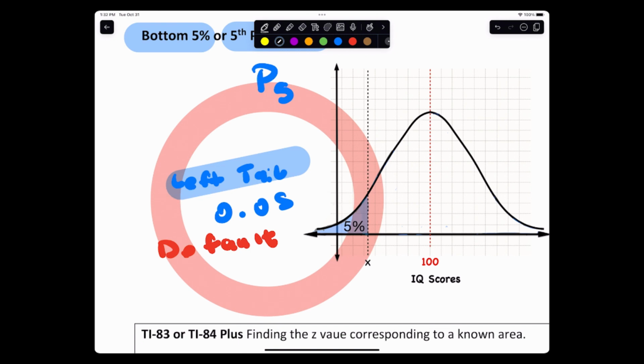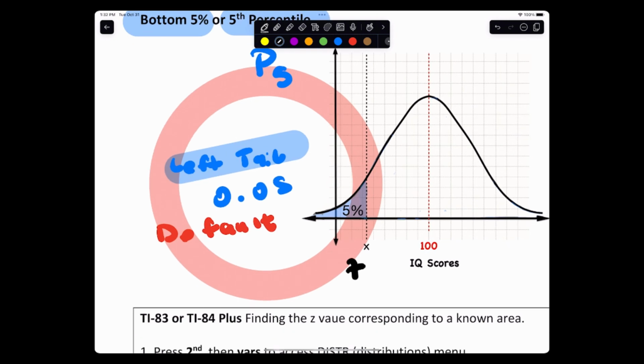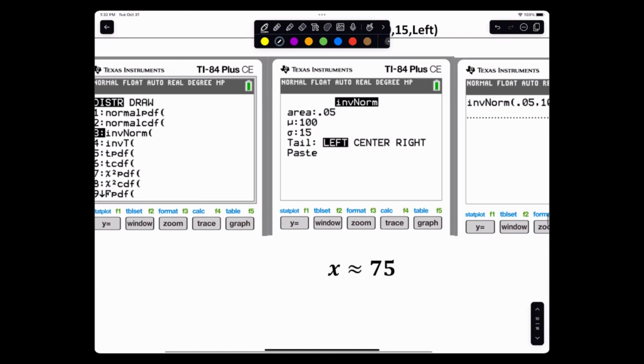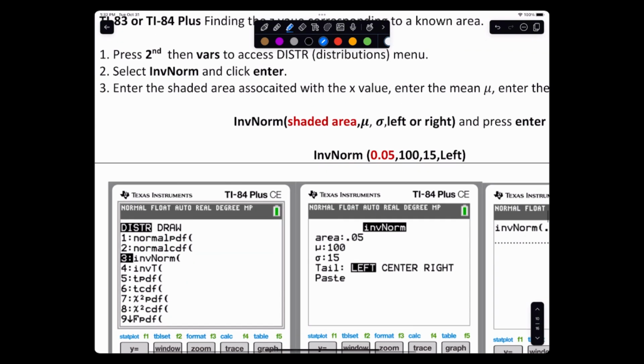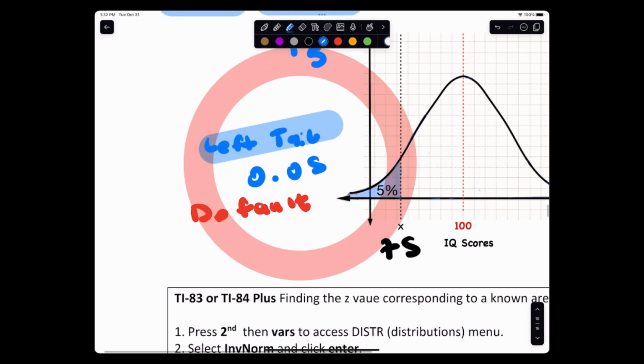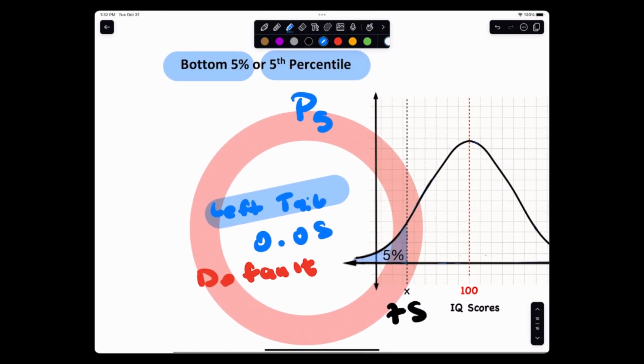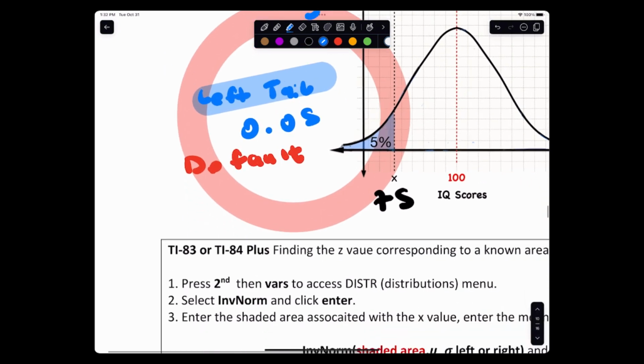So, ladies and gentlemen, as the nearest whole number, that's what you're looking for, 75. And I have that here as well as an answer. So you have to have an IQ no more than 75, ladies and gentlemen. Bottom 5%.